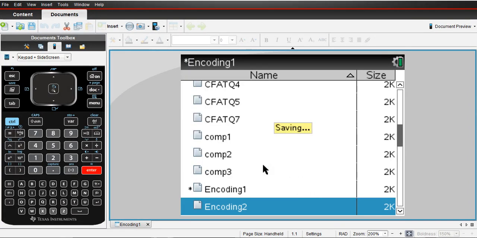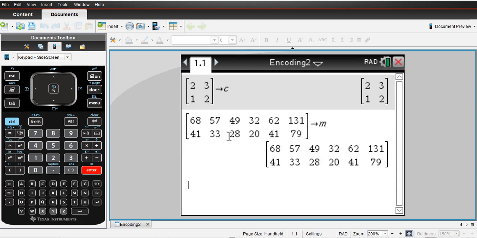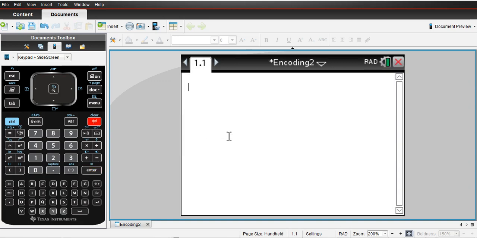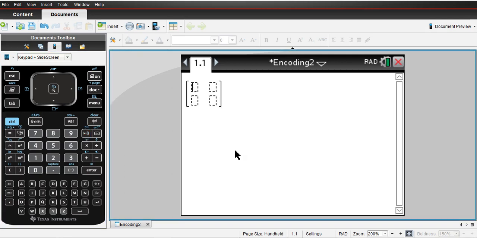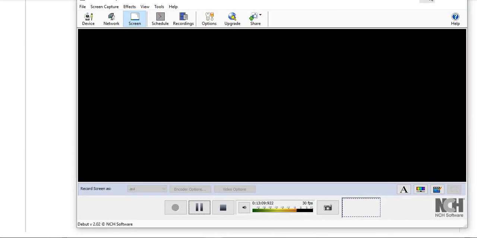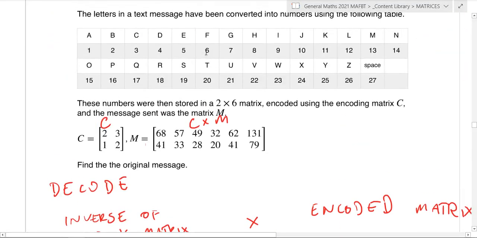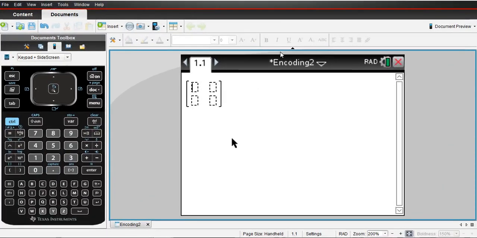Okay. And note, yes, I cheated and already did this for you guys. But if you've forgotten how to make a matrix, remember, it's this button here, and then you just pick out of these four. This here is a 2x2, so I use that to make a 2x2 matrix. Yes, I could use that to actually write this matrix, 2, 3, 1, 2, but I've already done it, so I won't do that again.